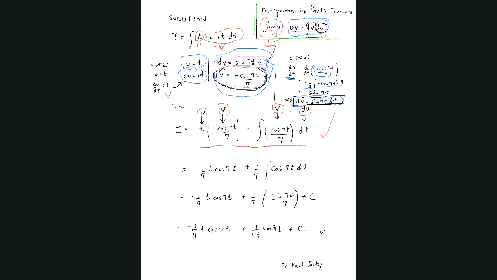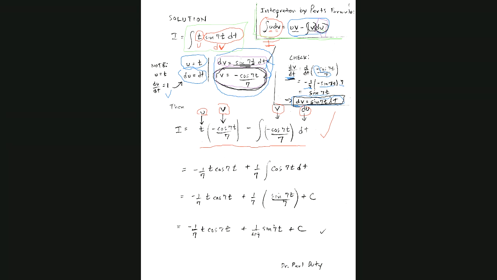So I identify u to be t and dv to be sine of 7t dt. Then I got to figure out what du is, because I need to know du, and figure out what v is. That's what we did, and now we just apply the formula.